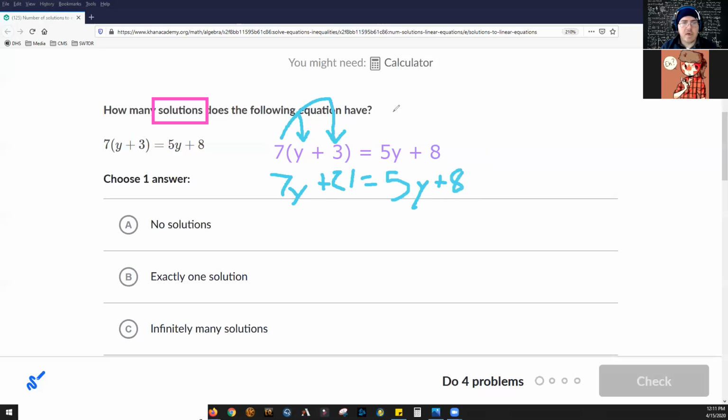Okay, so then I can take away 5y from both sides. And I can take away 21 from both sides. That cancels, that cancels.